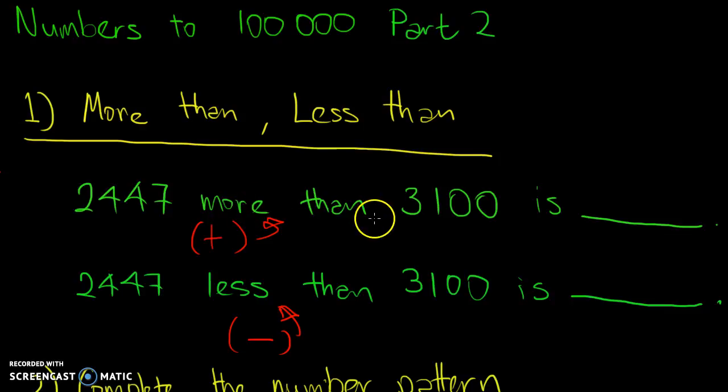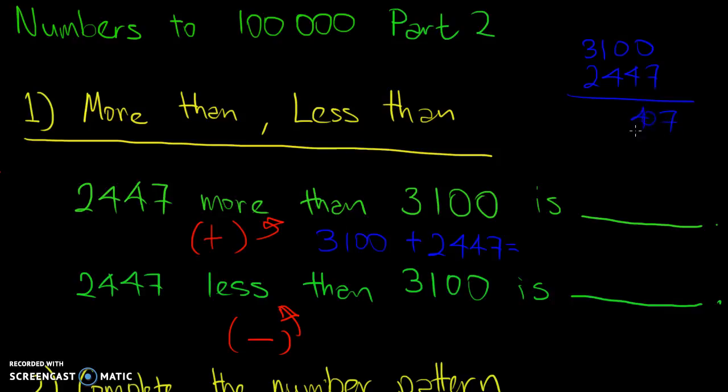2447 more than this is actually the same as having this, okay, right? 2447 more than this. So this plus 2447 is, let me do my working here, is 5547.